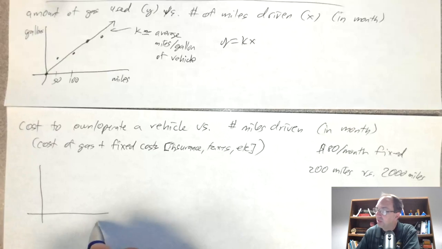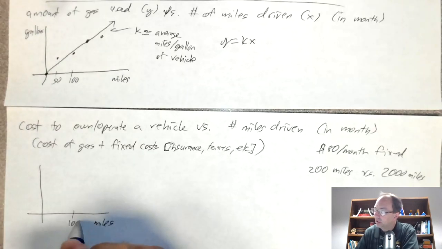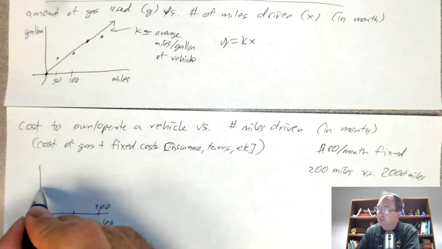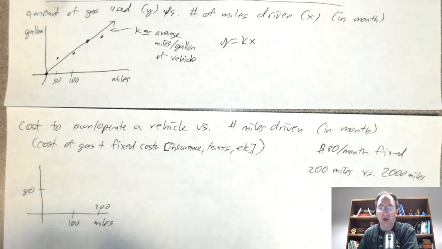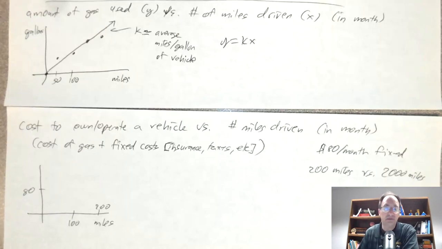Well, notice in the 200 miles situation, that $80 is going to be a big chunk of our expense for the month. Because if we only go 200 miles, depends on our MPGs, of course, but if we get 40 miles to the gallon, that's only five gallons. If we get 20, then that would be 10 gallons.